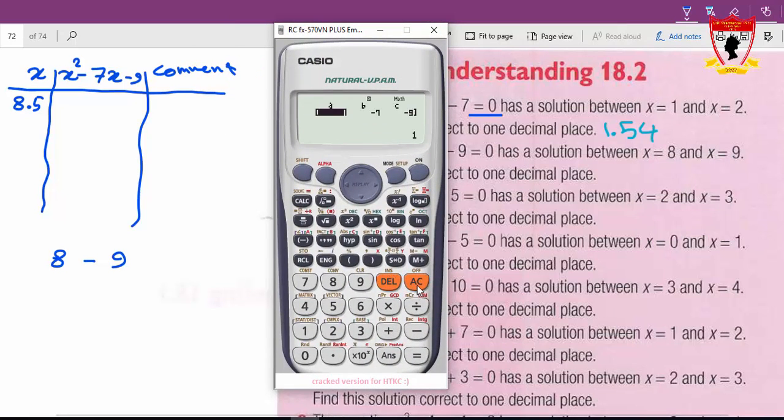Then to get your calculator back on track, you have to go to Mode and press number 1, Comp. Then here, 8.5 power 2 minus 7 times 8.5 minus 9. It's equal to 3.75.